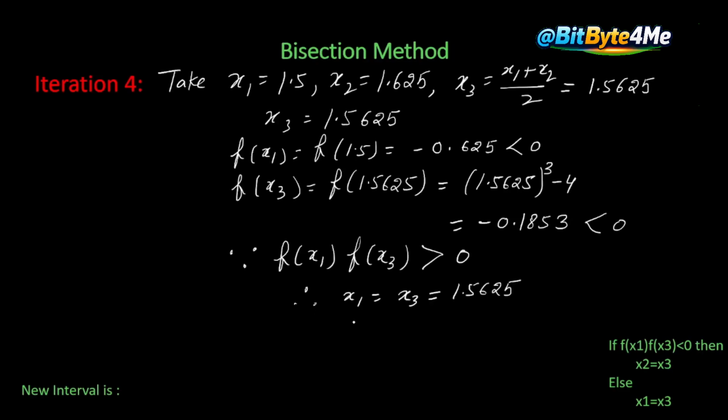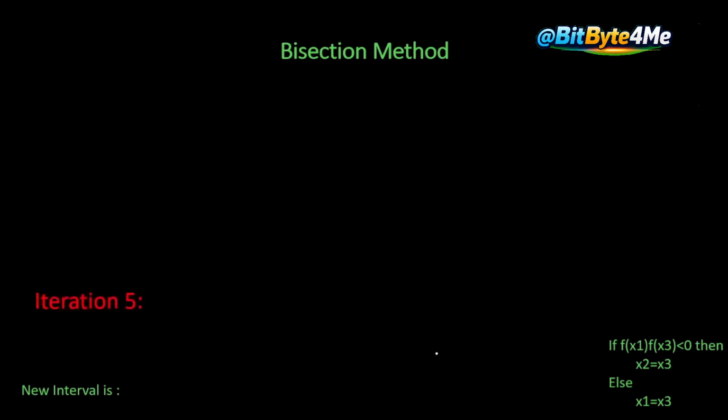So you have the new x1 as 1.5625. The x1 value will change, but x2 will remain the same. So the new interval is 1.5625 comma 1.625. This interval will be used for the next iteration, iteration 5.